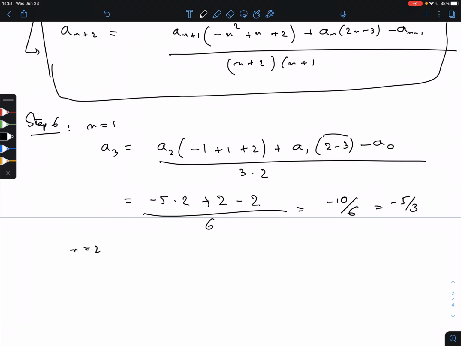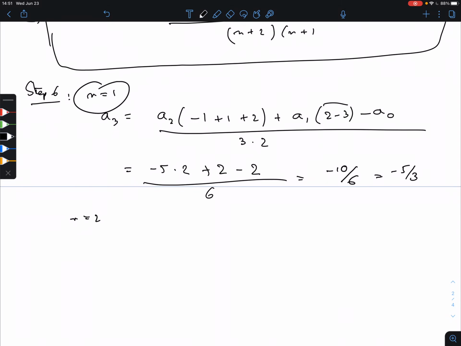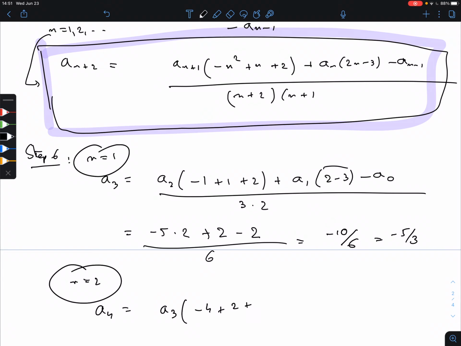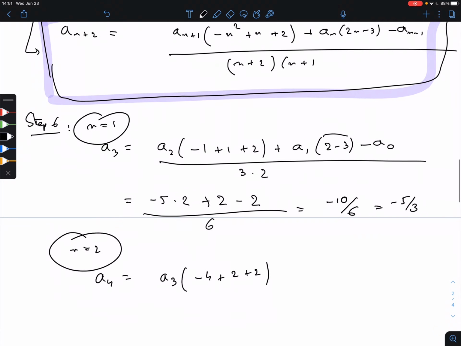And so n is 2, I'm actually only going to do these two, because this is now just plugging in, right? So a_4 is now, but remember, what I mean by plugging in is always in this recursion relation, right? So now we plug in n equals 2, so we get a_3 times (minus 4 plus 2 plus 2), oh, that's actually 0, plus a_2 times (4 minus 3), minus a_1, divided by, now in the bottom we have 4 times 3.